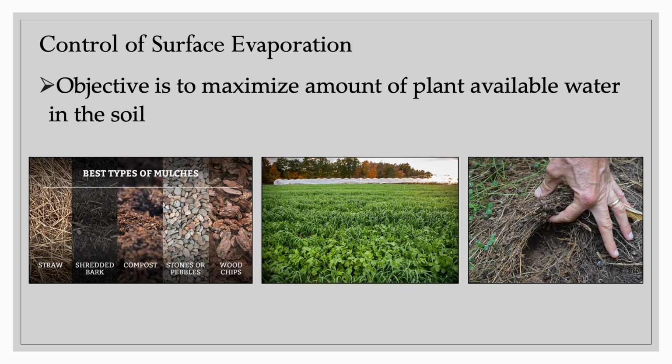That's going to be very important as we move into soil water, making sure that there's some barrier that is going to keep our soil moisture high so that we have more water available to the plants.